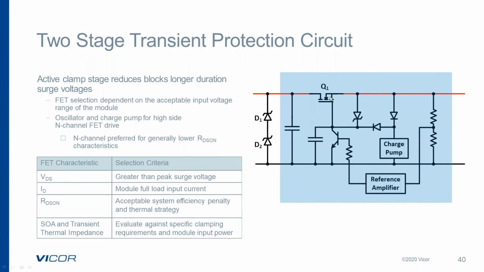So that's 50 milliseconds or 10 milliseconds. We've got to make sure that Q1 is sized to stay within the safe operating area. And Q1 is always in circuit, so it's best to choose a FET that has a very low RDS on because it is always within circuit.